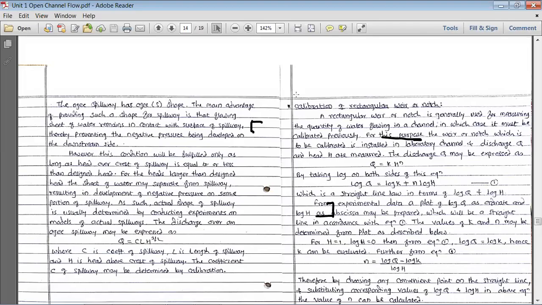Okay, so this is the last point now. That is the title, calibration of rectangular weir or notch.